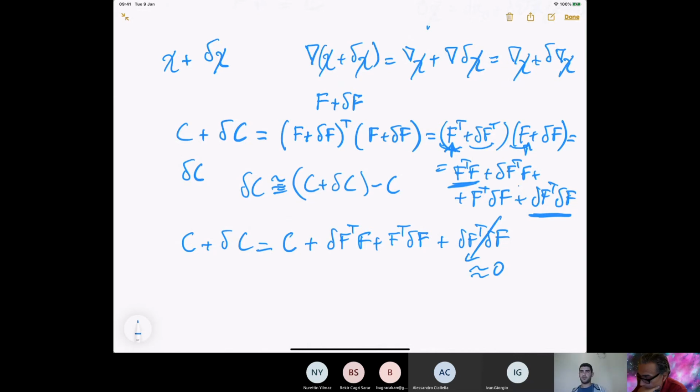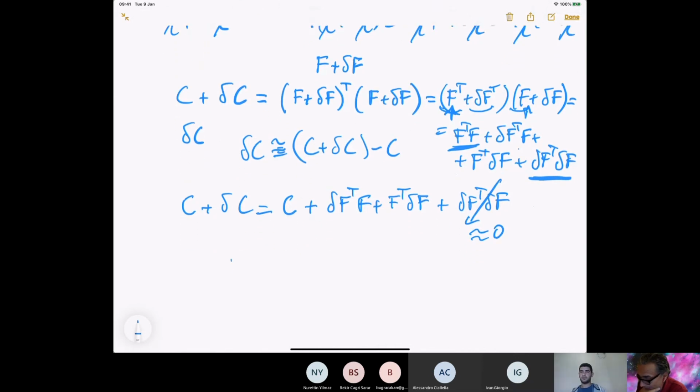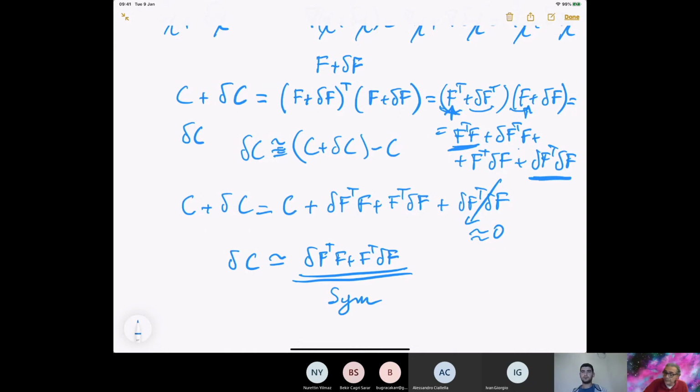Very well. So delta C is nearly equal to delta F transpose F plus F transpose delta F. And this is symmetric.